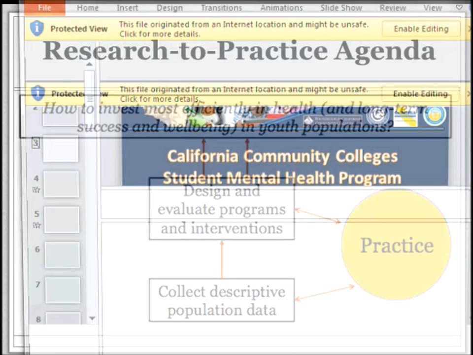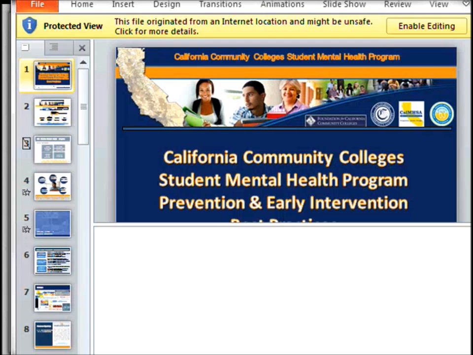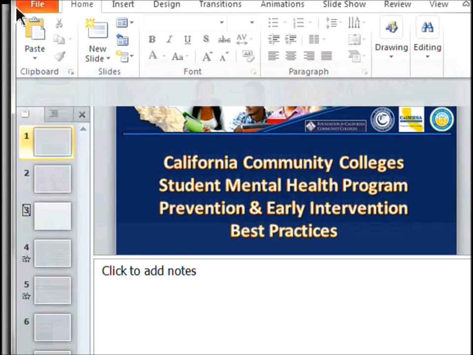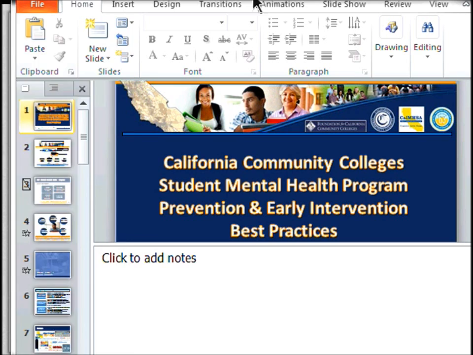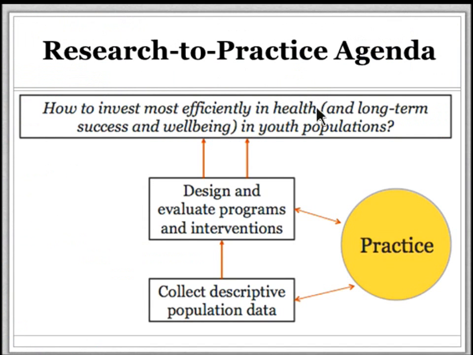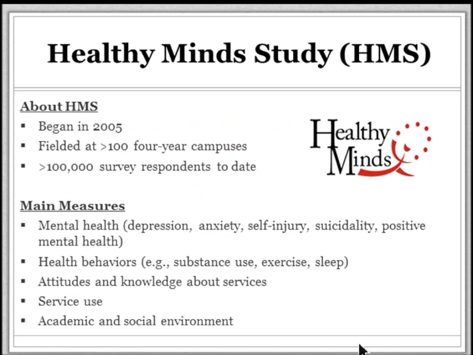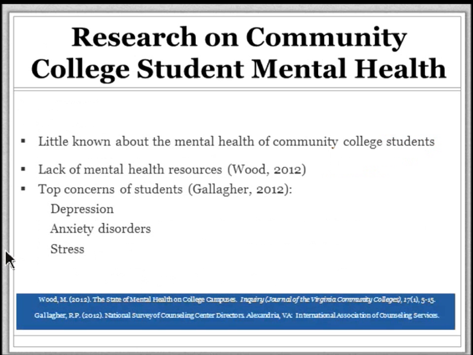And we do that through large-scale population-level surveys. Today, that's really where we're starting with community colleges, because there's just not that much known. Collecting descriptive population-level data is the first step before we can figure out what type of intervention might be needed, and how we can improve well-being on community college campuses.